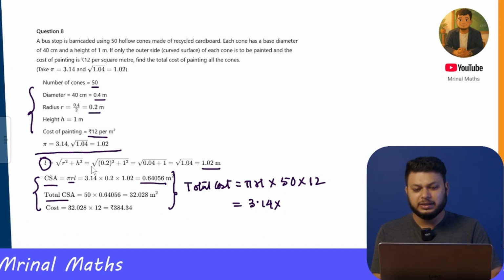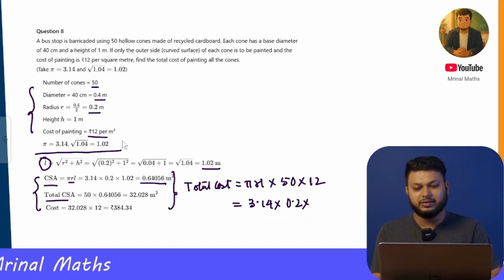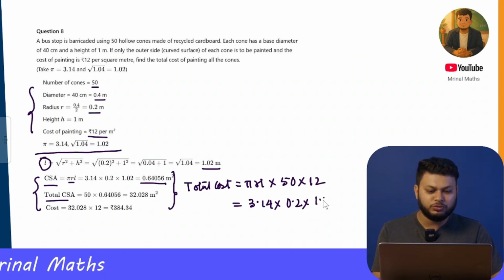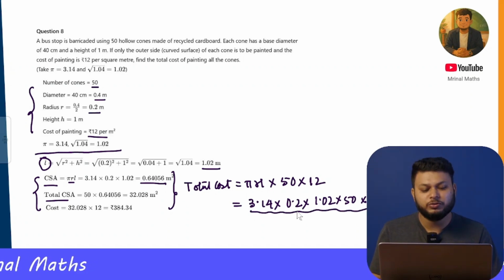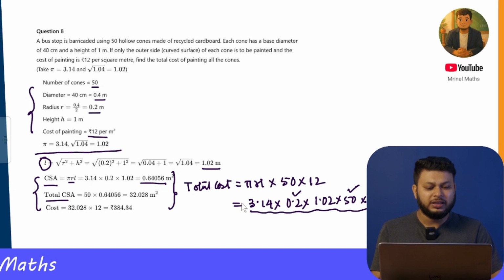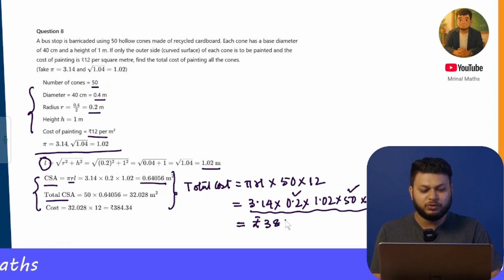The radius we are aware, which is 0.2, and the slant height, that is 1.02, into 50. Now, once you solve like this, the solution will be much simpler, because you see 50 into 2 will become 100. Just bring the decimal one digit before, that is nothing but 10. Similarly, to carry out the calculation like this is much simpler, and the final answer should be rupees 4.3.